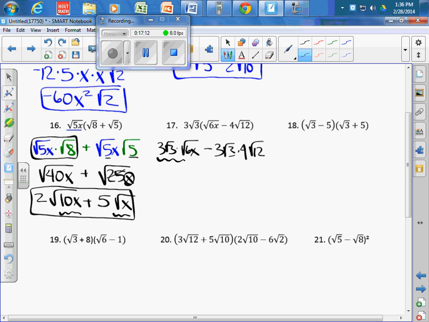Let's take a look at this one. All we're doing is simplifying this radical right here. I have a 3 on the outside and radical 18x on the inside. But that radical 18 can be simplified. Here's the 3 that we already have out. Radical 18 is 3 radical 2, so I'm going to have 3 radical 2x, 9 radical 2x.